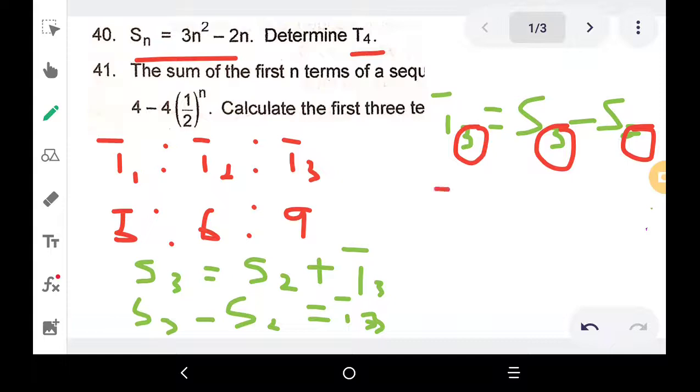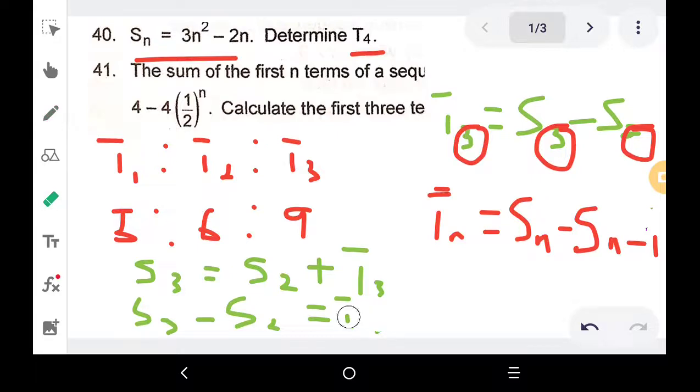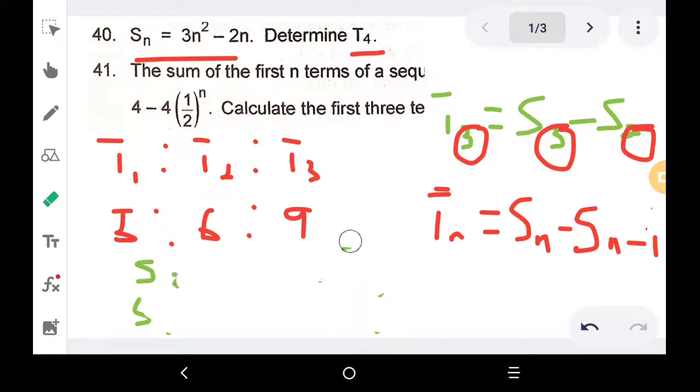So in this case, Tn is going to be given by Sn minus Sn minus 1. So we have a formula now. Every time we want to get the general term Tn and we're given Sn, the formula that I can use is as follows.